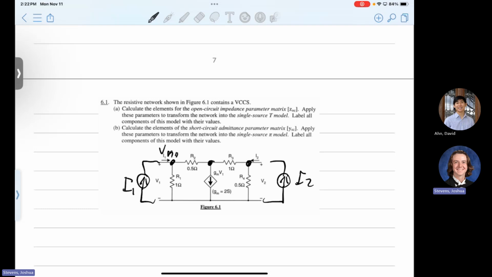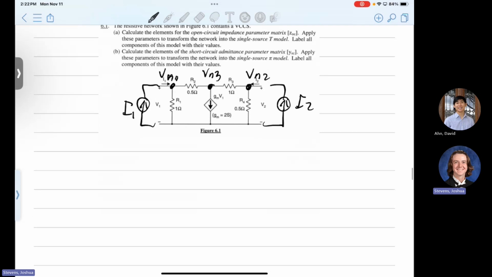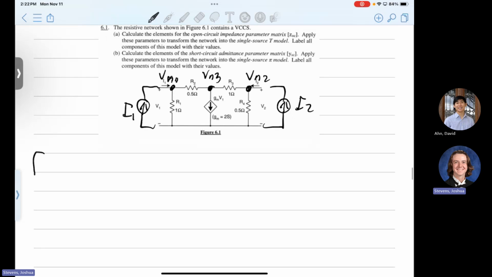And this is already labeled V2, so I'm just going to call that VN2. And this thing in the middle, VN3. A little different than how nodal analysis is normally done, but whatever. Okay, so the things that are going into VN1: G1, G2. Do we agree? Cool. Things being shared between 1 and 2: 0.